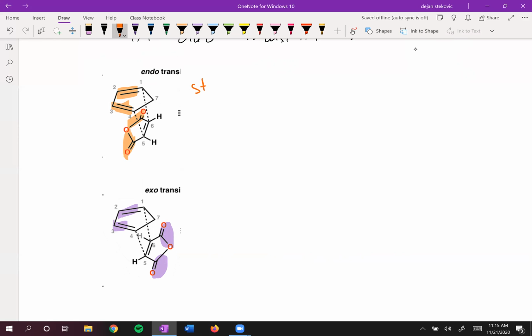And so this is a stabilizing interaction, which makes this go faster, which results in the endo being the major product and oftentimes the only product.